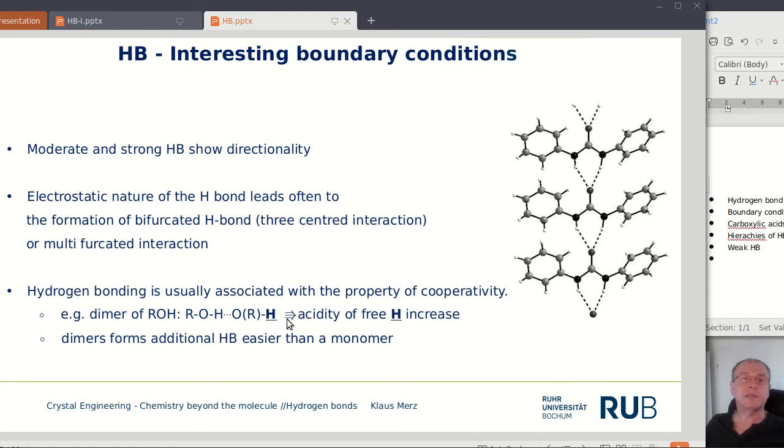This means that such a hydrogen forms a hydrogen bond much more easily than the monomeric form. So the dimer forms additional hydrogen bonds more easily than the monomer, the trimer more easily than the dimer, and so on.